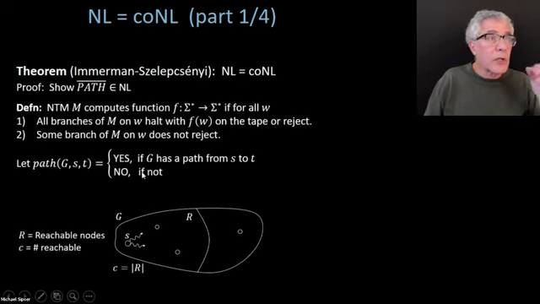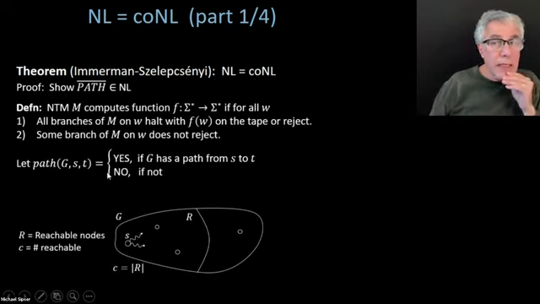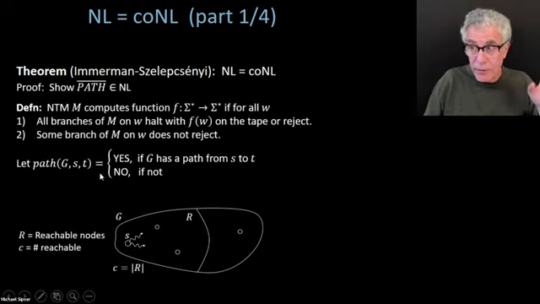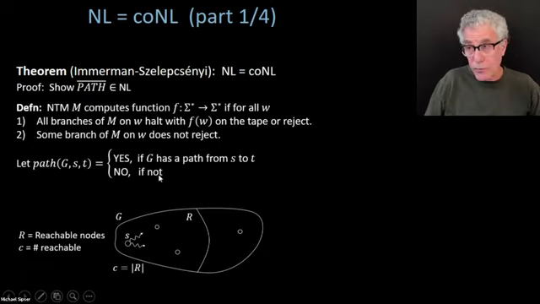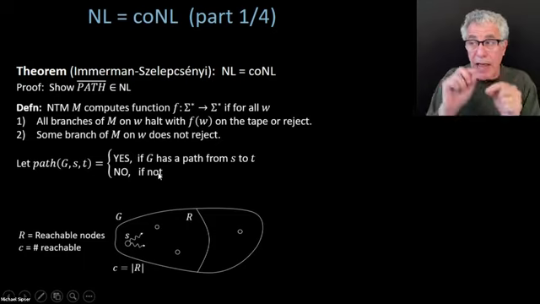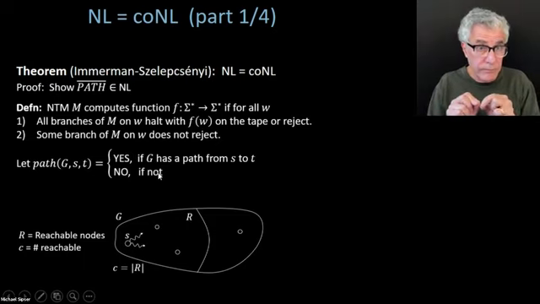All right. So we're going to look at the path function now. This is not exactly the same as the path language. This is a function, written with lowercase. Given a graph, S and T, I'm going to say yes if there is a path and no if there's no path. This is a function which outputs yes or no, not a language.